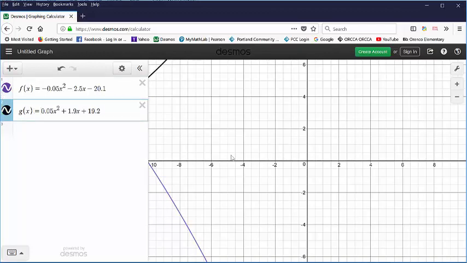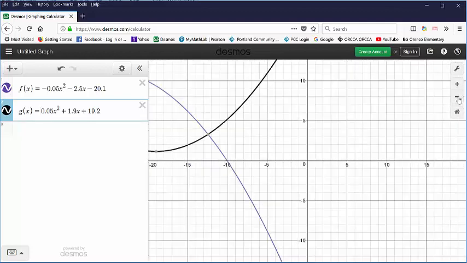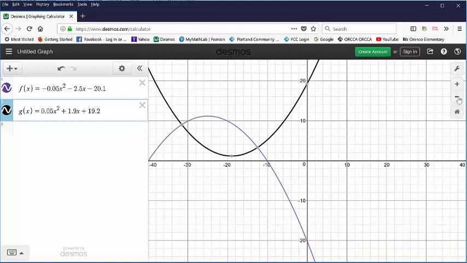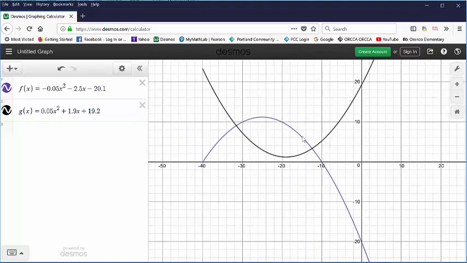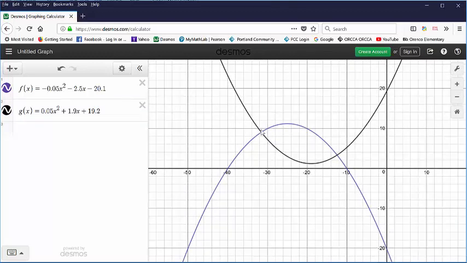You notice it'll graph it whether you define it as a function or not, which is kind of nice. You can use the zooming features or you can just zoom out a little bit. Okay, so we've got 2 parabolas. In fact, if we zoom out another little bit, here's our graph, and we've got these 2 defined here.